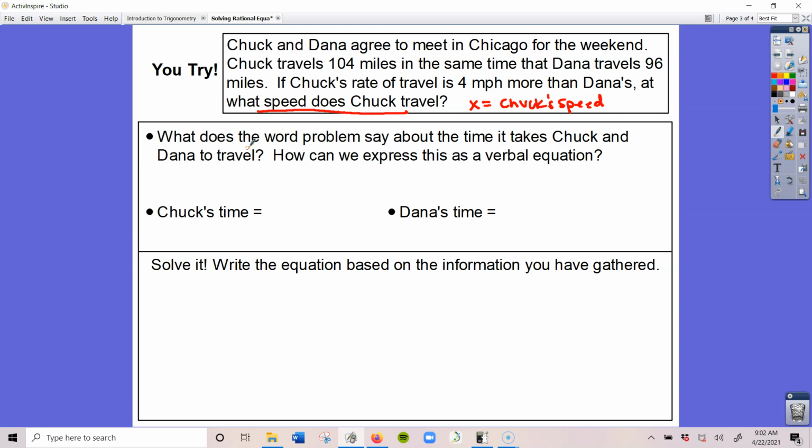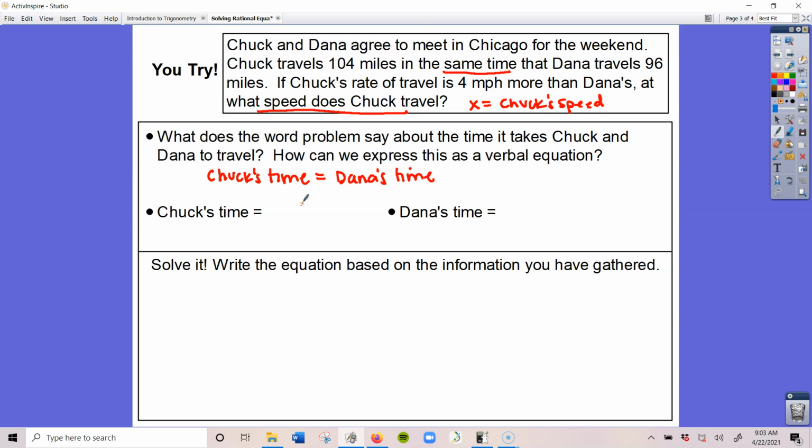Now it says here, what does the word problem say about the time it takes Chuck and Dana to travel? And how can we express this as a verbal equation? It says here that Chuck travels 104 miles in the same time. So that means that Chuck's time is going to equal Dana's time.